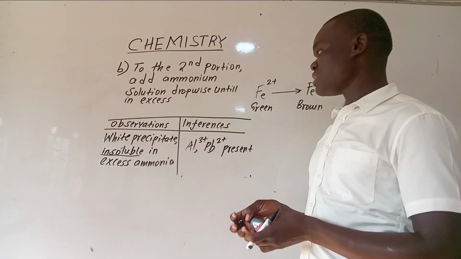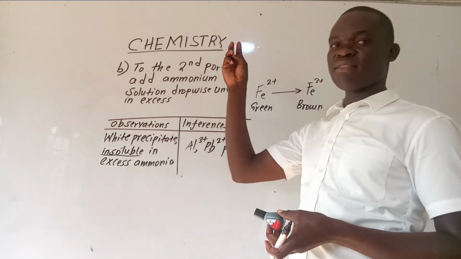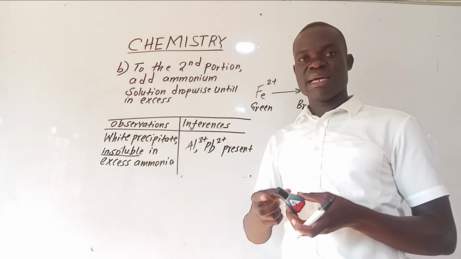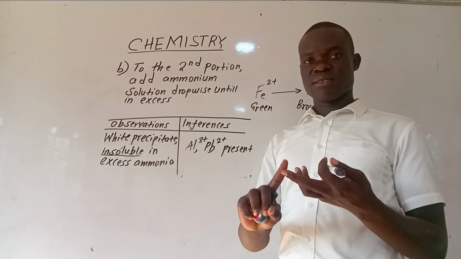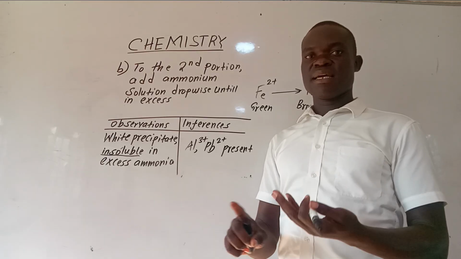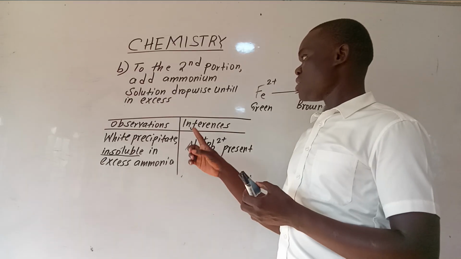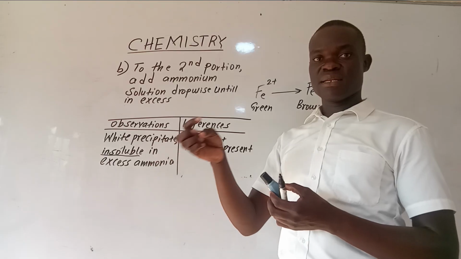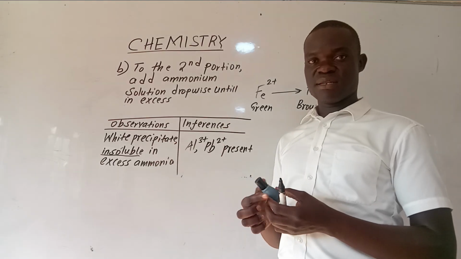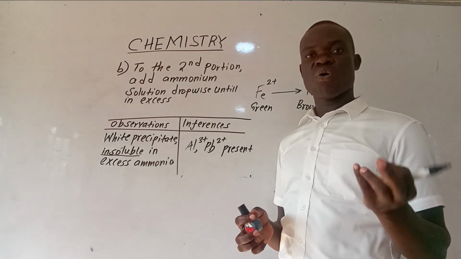So if a question comes like this, and in the first question we mentioned the three, when we use sodium hydroxide, we mentioned aluminium, lead, zinc present. Then in the next question, we have found out that when we use ammonium solution, always when you see ammonium hydroxide and sodium hydroxide, just know that we are testing for the three amphoteric ions and also copper.